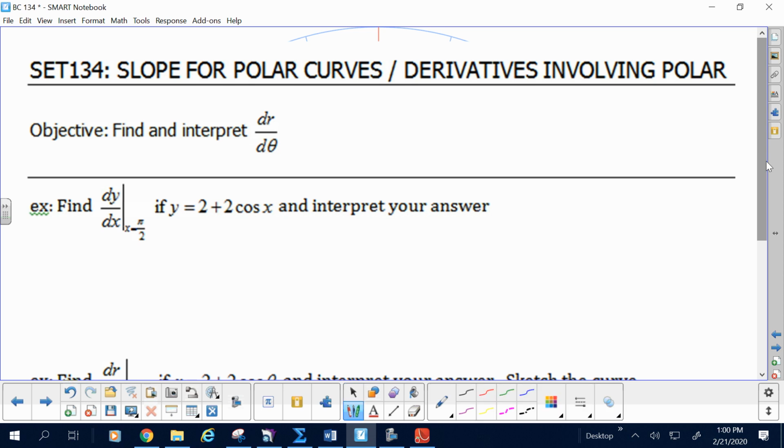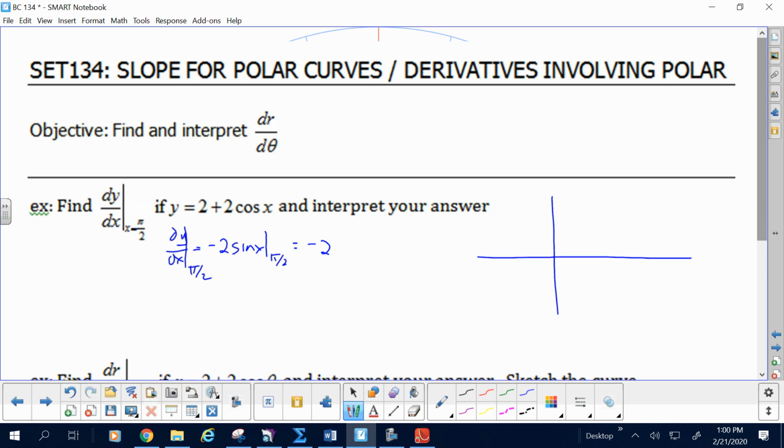Let's compare it to what we're used to. If I asked you what dy dx is at pi over 2 for this y-x function, then what is dy dx? -2 sine of x, and assuming then we throw an evaluation bar at pi over 2, we get -2. Okay. It doesn't say to graph it, but what is the graph going to look like?